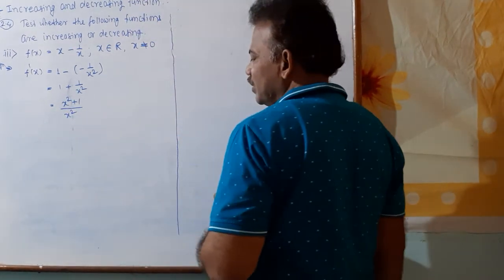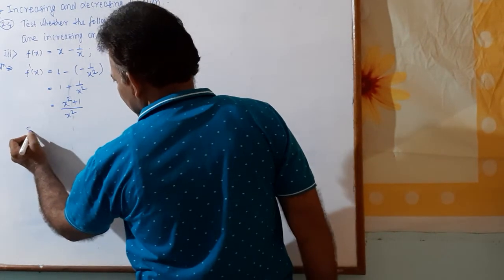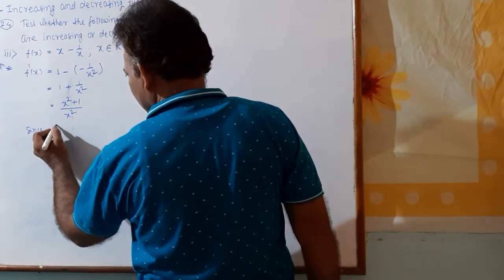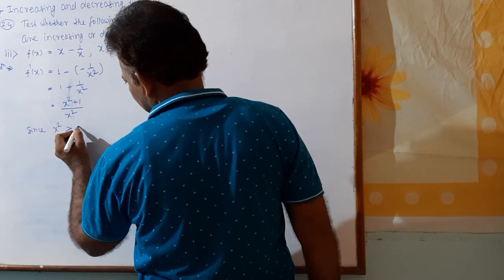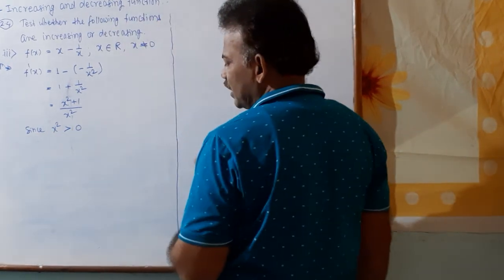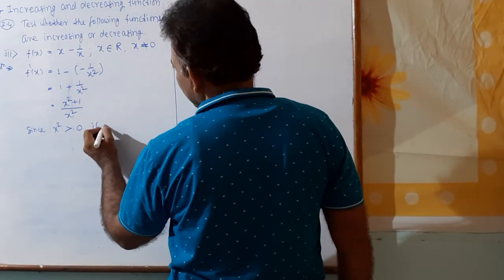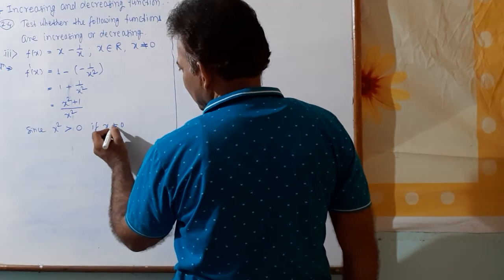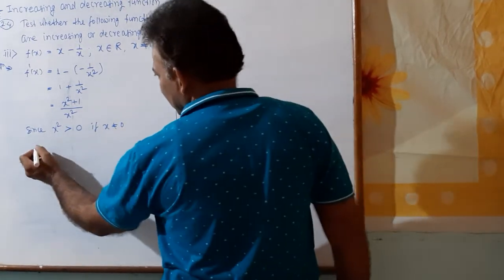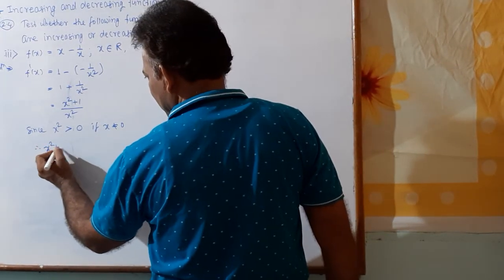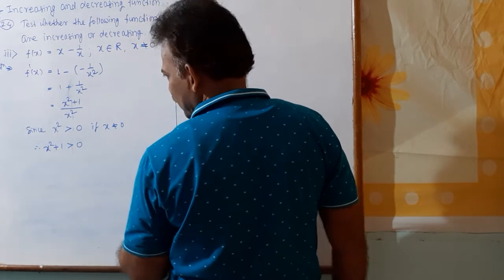So we get f dash x equal to this. Then we know that x square is always positive, greater than 0, since the square is there, if x is not equal to 0, right? And therefore x square plus 1 is also greater than 0.